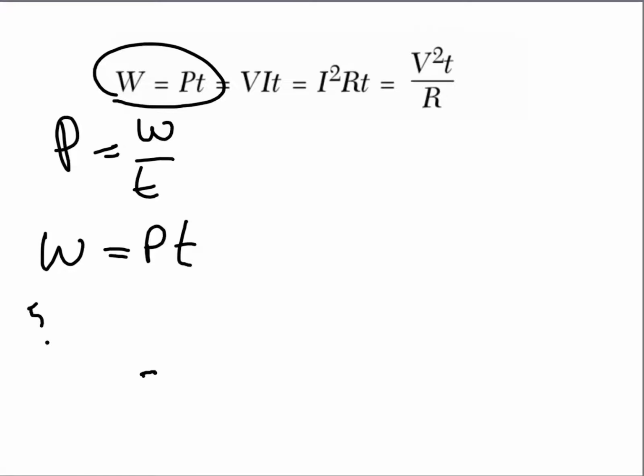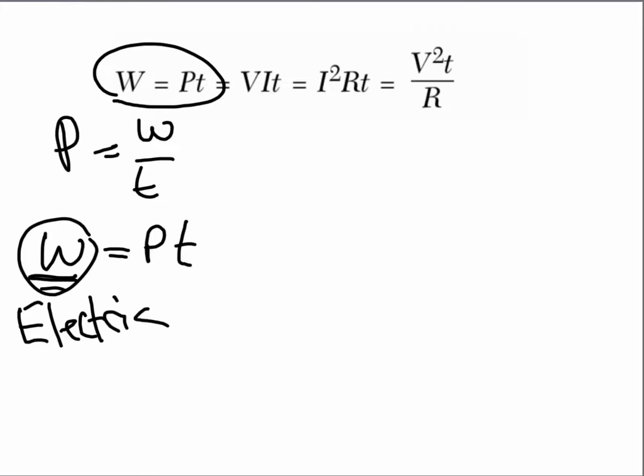Now, we are going to think of work in this case, instead of work, we're going to think of this as electric energy, because it's really how much work that electrical device can do. I'm just going to rewrite that.